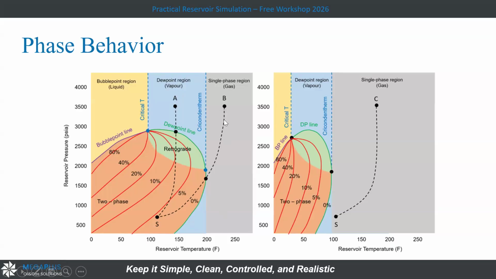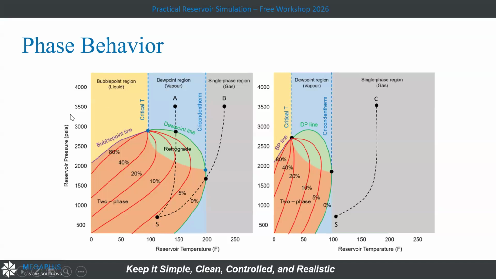But if it goes through the well and then condensation happens, in this case we call it wet gas. So this is the difference between the retrograde condensate and wet gas. In gas condensate, the liquid phase forms in the reservoir, but in wet gas, the condensation happens in the well, not in the reservoir.